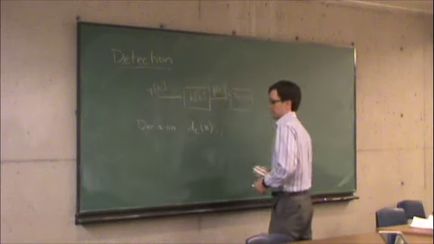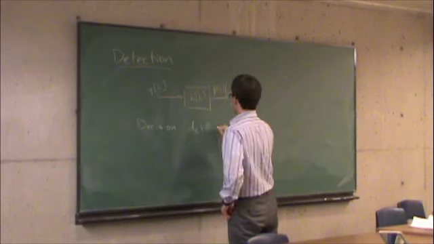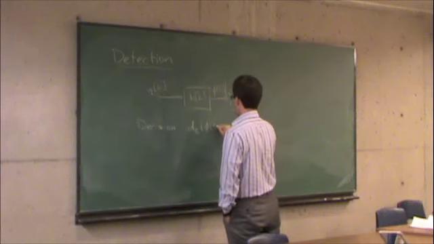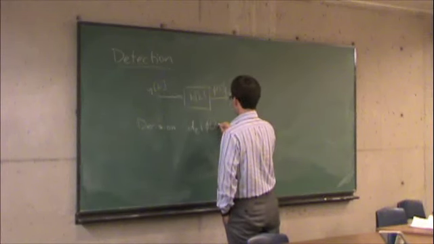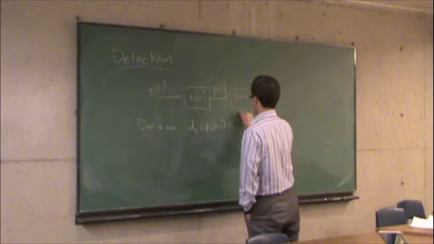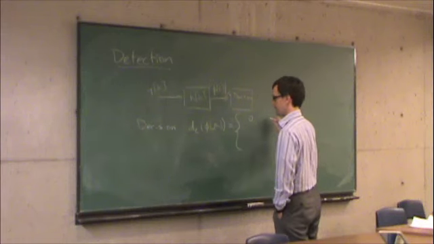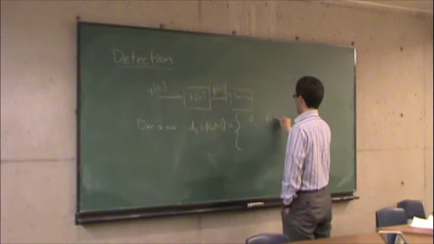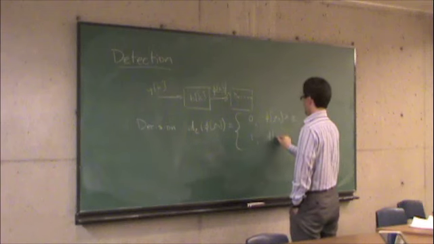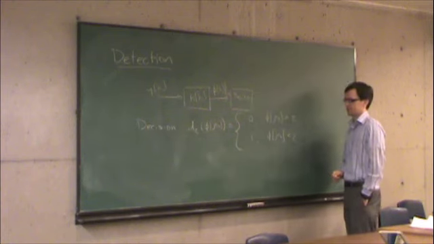So dz of phi j NB, the jth filter output, is equal to 0 if phi j NB is greater than z, and 1 if phi j NB is less than z. So there's your decision function.